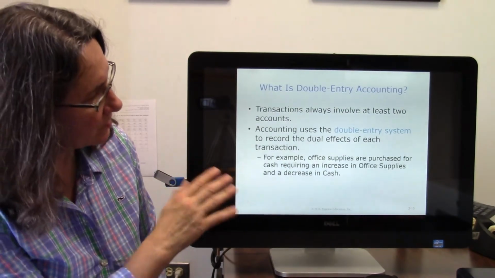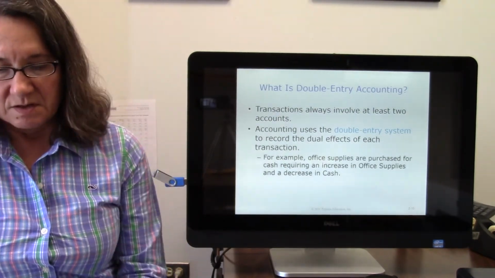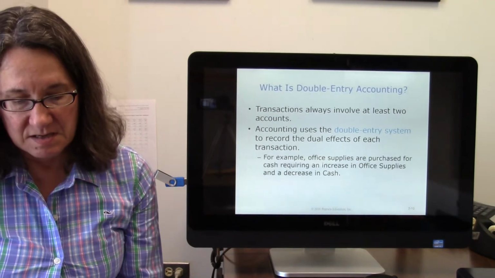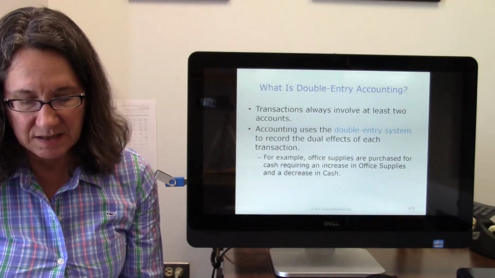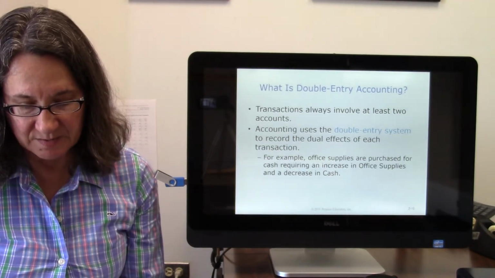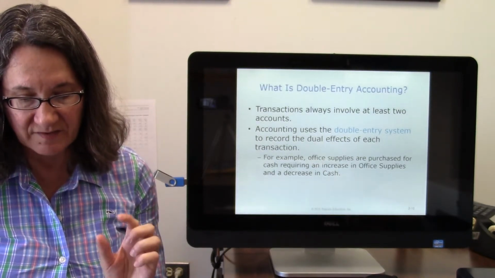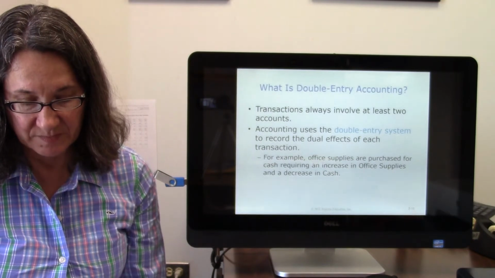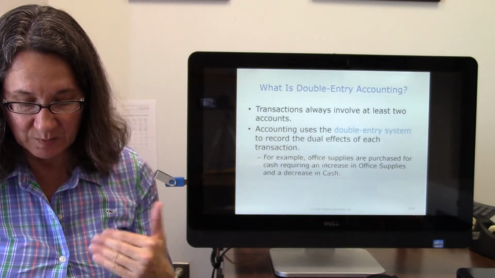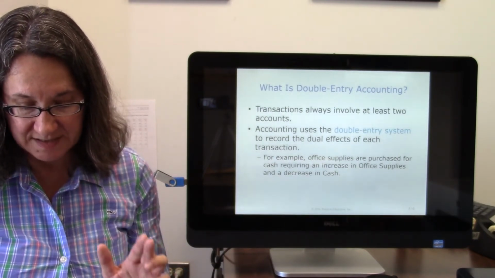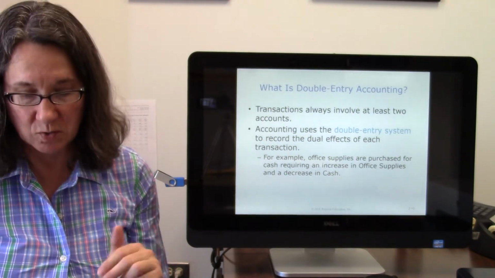All right, double entry accounting. In accounting, the double entry system is used to record the dual effects of every transaction. A transaction would be incomplete if only one side of the transaction were recorded.